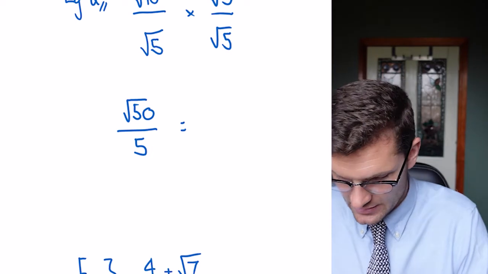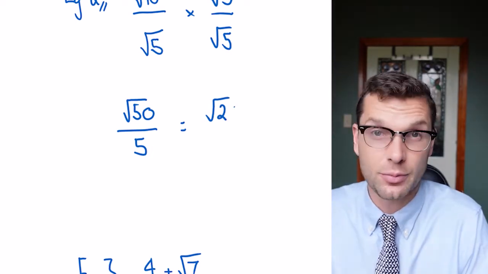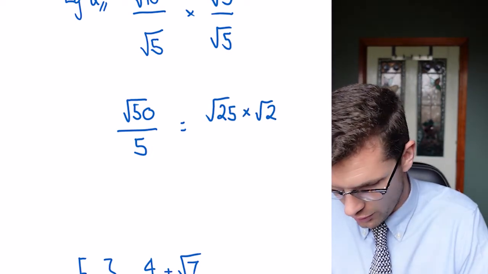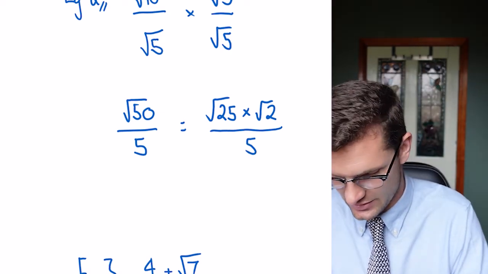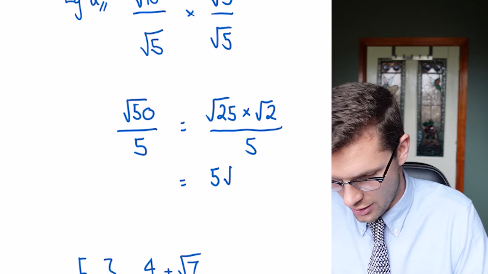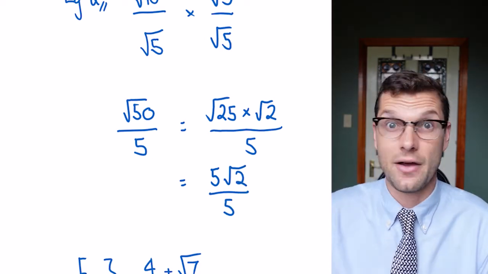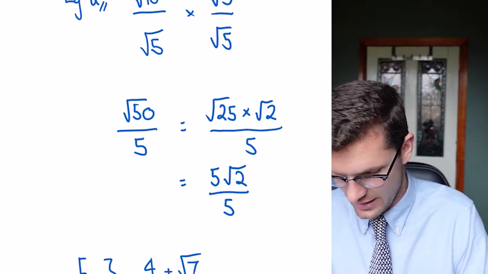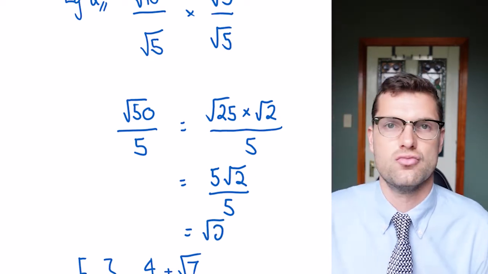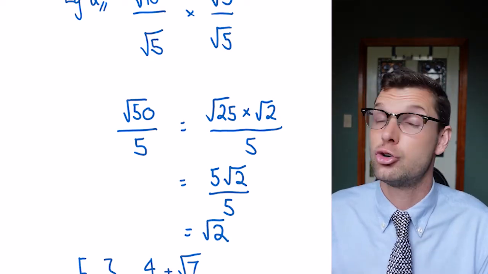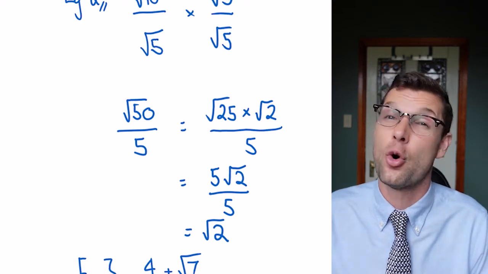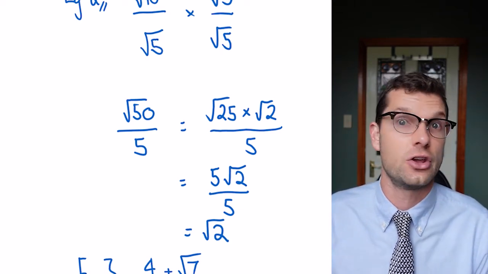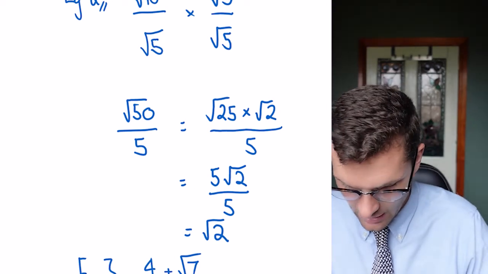So root 50 is equal to root 25 multiplied by root 2, all over 5. Root 25 is 5, so this is just equal to 5 root 2 over 5. The 5's cancel out, so my final answer there is root 2. So even though that looks crazy from what we started with, just by making sure we're using all our surd rules together, you're going to find these pretty cruisy.